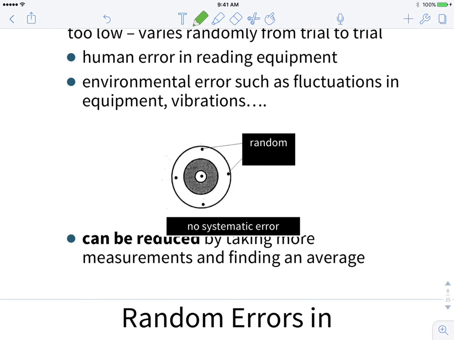And so you can actually reduce the amount of random errors by taking a lot of measurements. You'll get an average that'll be close to a correct value. This is where we would do something like standard deviation. We'd want to see how random you were. Is your result due to chance or not? We'll talk about doing standard deviation, but this is a case where you can reduce that error by taking more than one measurement.